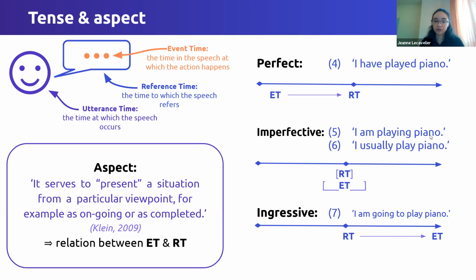I am playing piano, for instance, which means that the action is being carried out at the reference time. Or it could also be some habitual, which means that the event time occurs regularly and the reference time happens in the middle of these multiple occurrences.